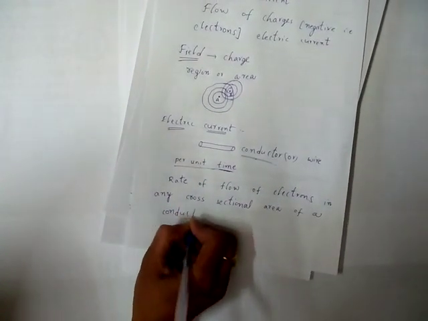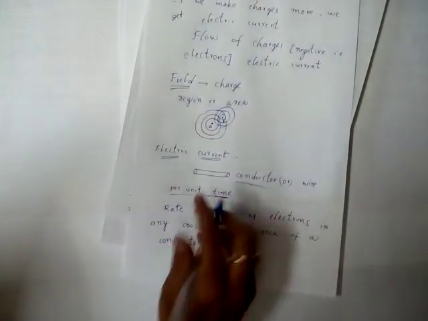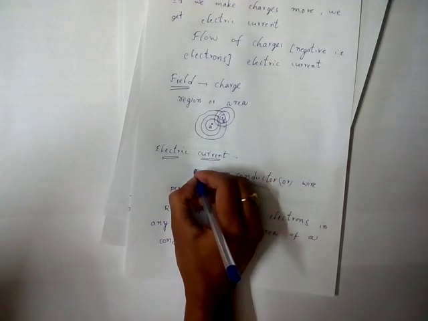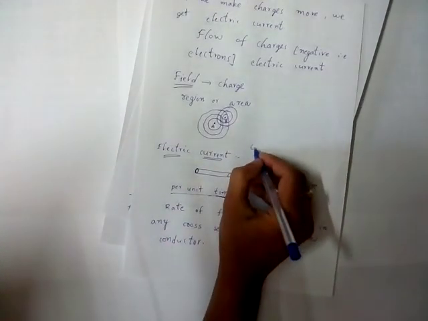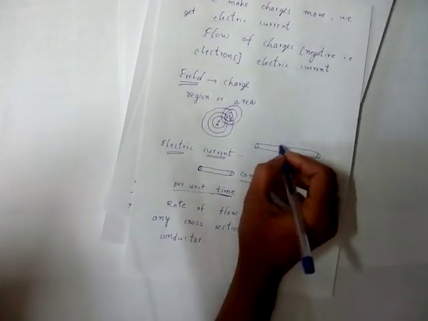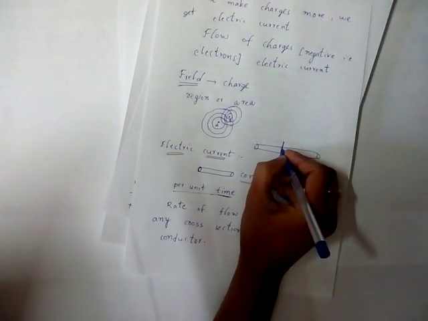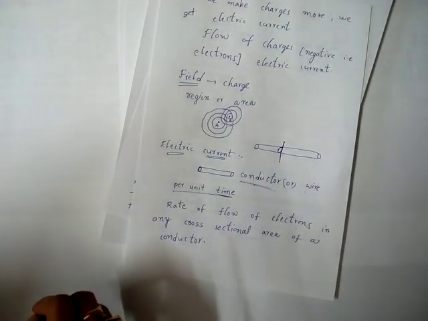That means conductor cross-sectional area means this area. Okay, you will have a very lengthy wire, isn't it? If you just cut it, for example, you have wire this much also, very long. You cut here. So this section, what you can see, is called cross section.